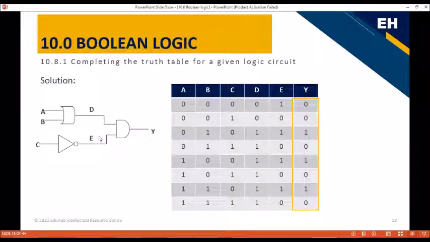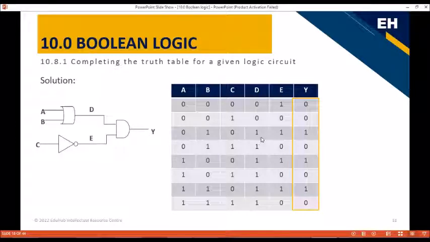Recall the rule for the AND gate. The rule for the AND gate states that the output can only be 1 when both inputs are 1. So the inputs we are making use of here are D and E. Concentrating on D and E, we do not have 1 and 1 on the first row, so we have 0 as the output. We do not have 1 and 1 on the second row, we have 0 as the output.